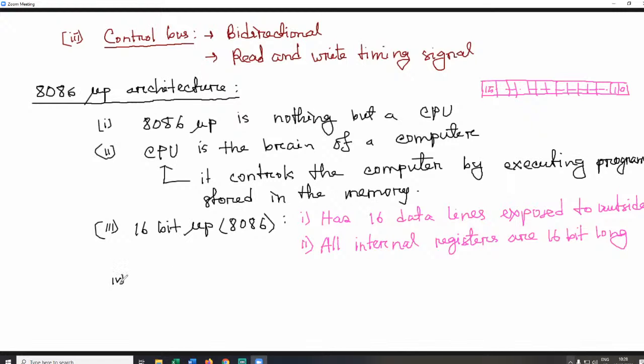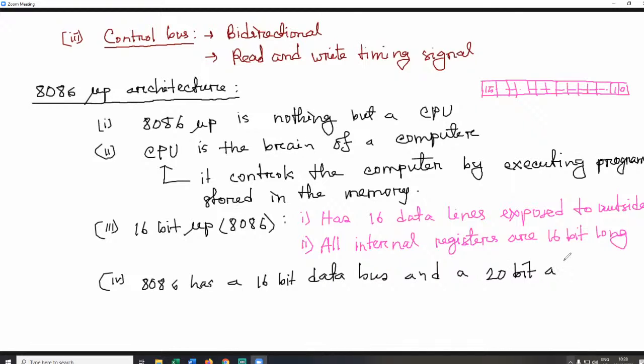Point number four says the 8086 has a 16-bit data bus and a 20-bit address bus. So the 8086 has a 16-bit data bus and a 20-bit address bus.